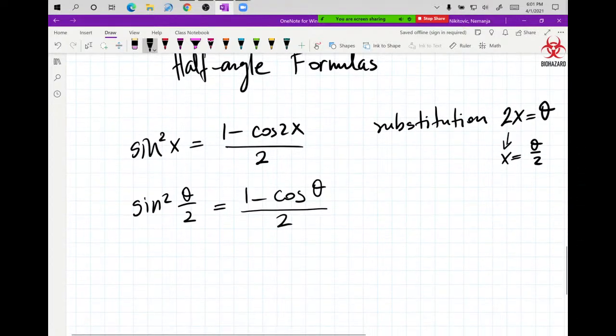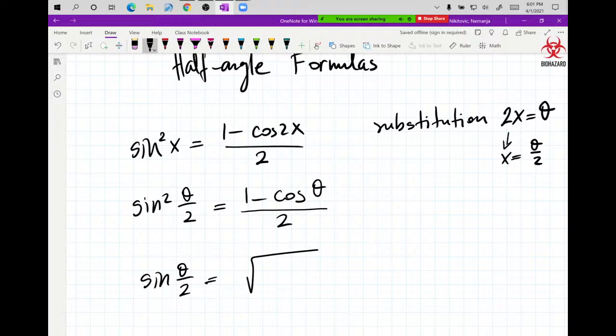And your half angle is just a square root of 1 minus cosine theta over 2. And then, because you were taking the square root of both sides, you will put plus minus in front. Like, can it be easier than this?